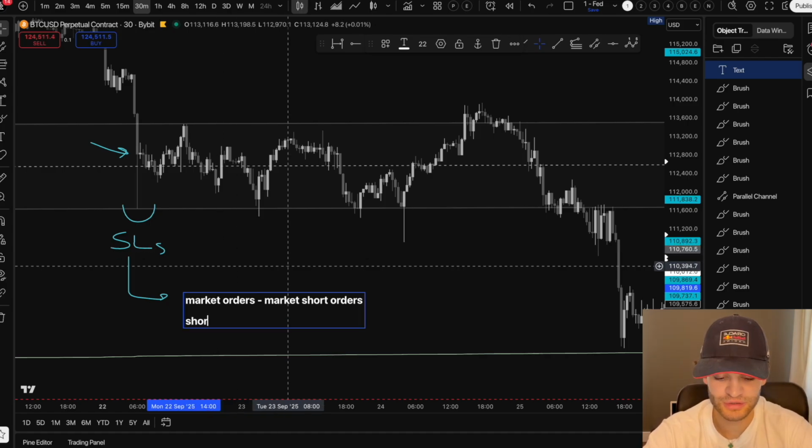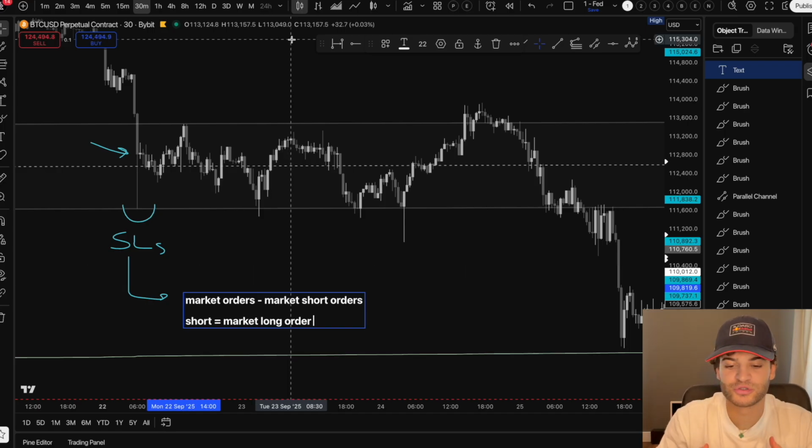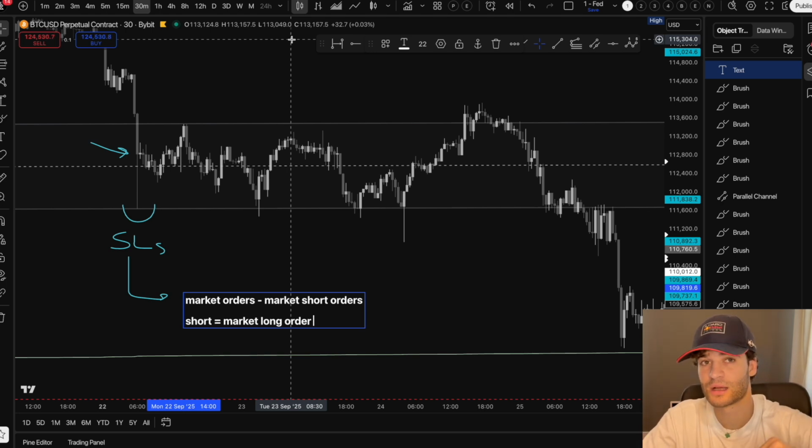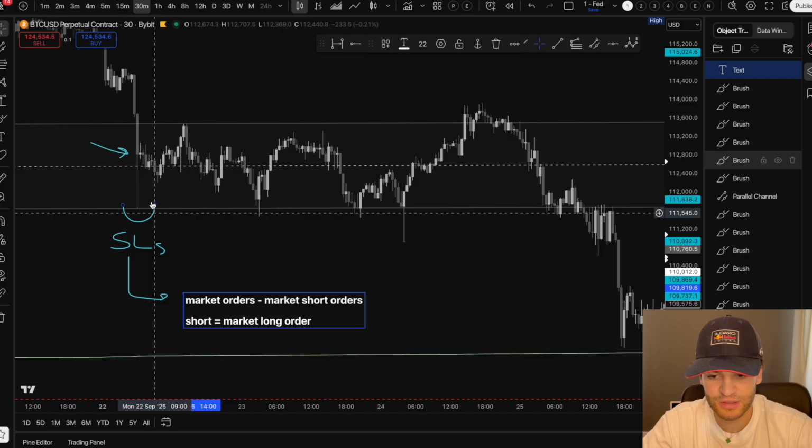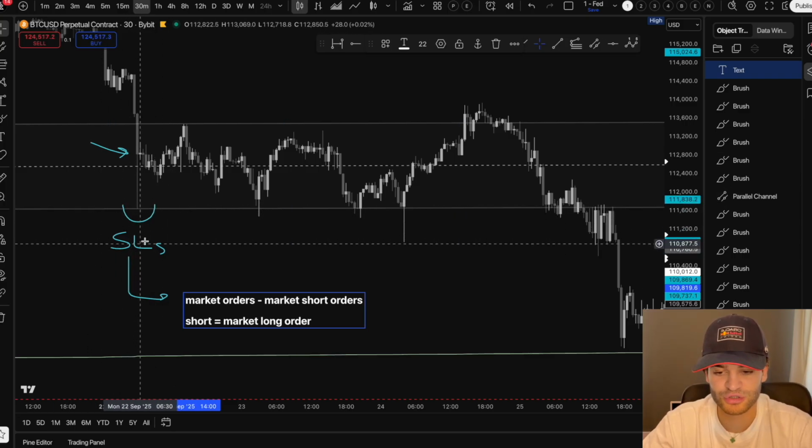And the same thing applies when you go short. If you go short, that means that your stop loss is going to be the equivalent of a market long order. Why? Because in order to get out of your short, you need to buy back the positions, and in order to get out of your long, you need to sell your positions. So the people that bought here have their stop loss set as a market short order.